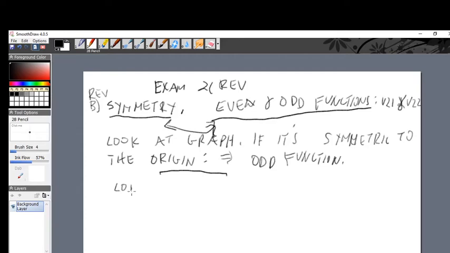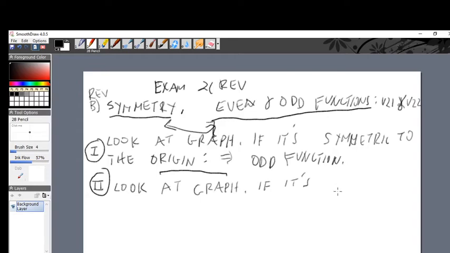That's piece of information number 1 I got to tell you. Piece of information number 2 I got to tell you. Look at the graph. So just looking at the graph, you'll be able to tell if it's one of these two things.